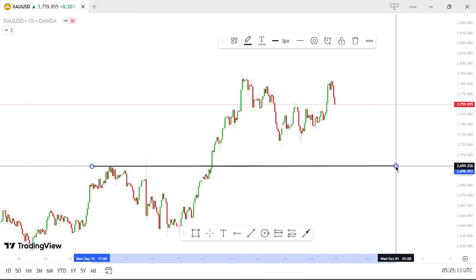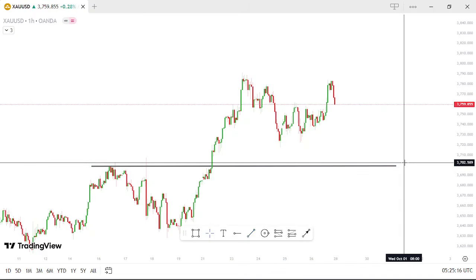Now, understanding what is going on means that you have identified the swing highs, and you've identified the swing lows, and also you've identified the trend. So if it's in a bearish trend and you have lower lows and lower highs, then all you are waiting for is for price to break the lower lows and lower highs, and start making higher highs and higher lows.